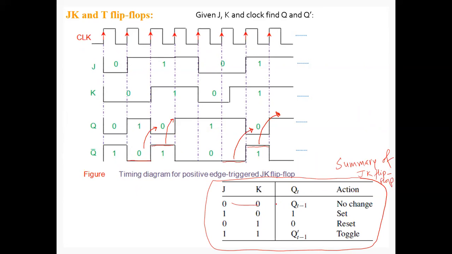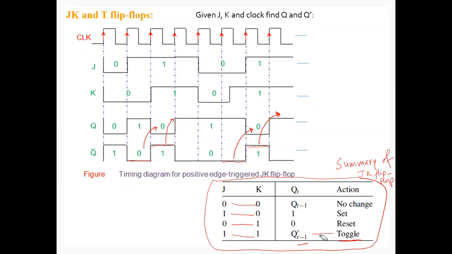J equals 0, K equals 0, hold state. J equals 1, K equals 0, set. J equals 0, K equals 1, reset. And J equals 1, K equals 1, then you have Q(t-1) bar. So your output will get Q(t-1) and also Q(t-1) bar. Q(t-1) is hold, Q(t-1) bar is toggle.